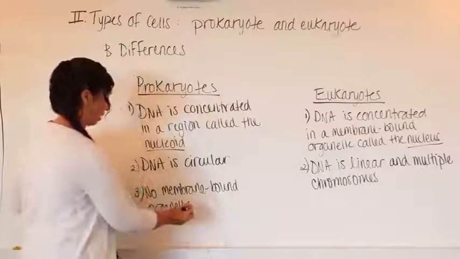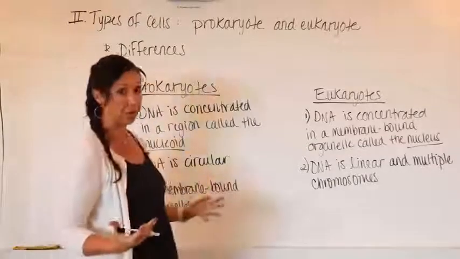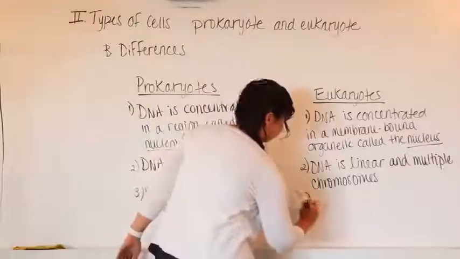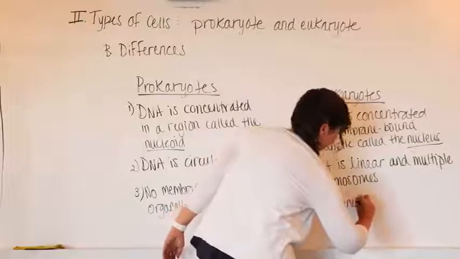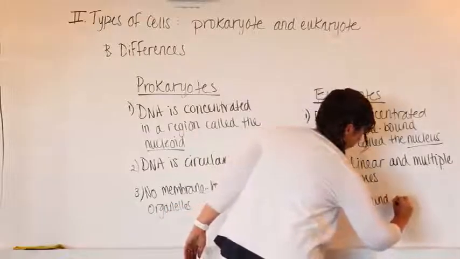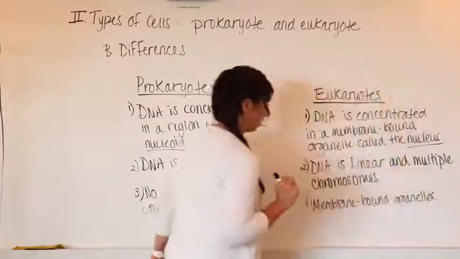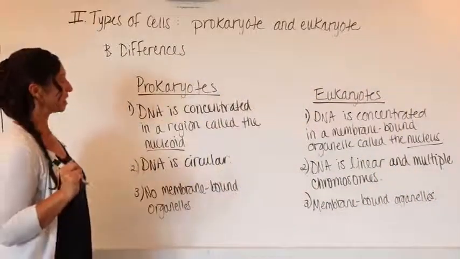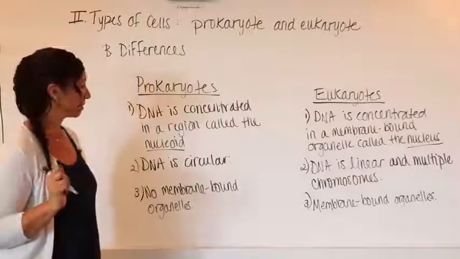No membrane-bound organelles. So the opposite holds true in eukaryotes. You have membrane-bound organelles. That is it for the similarities and the differences between prokaryotes and eukaryotes.